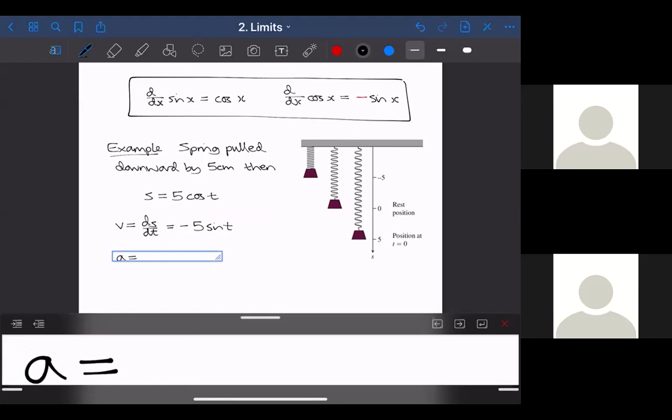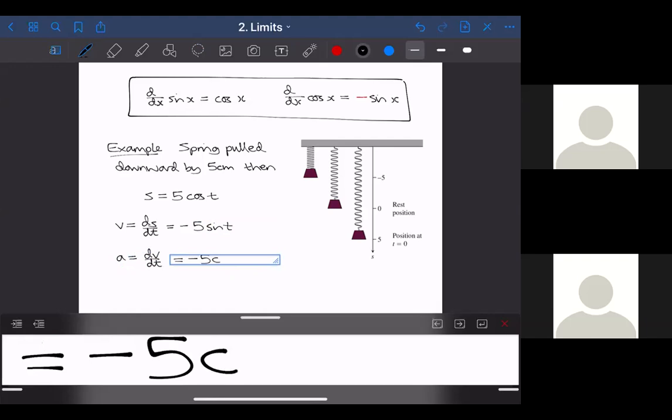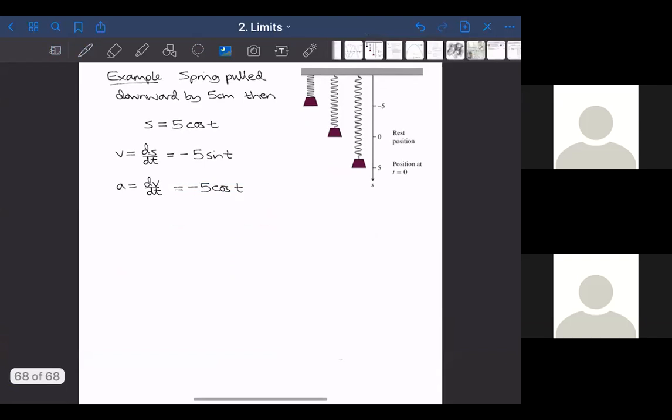And I can calculate the acceleration, which is the rate of change of the velocity. And because the derivative of sine t is cos t, I get that. So let's take a graph of these.